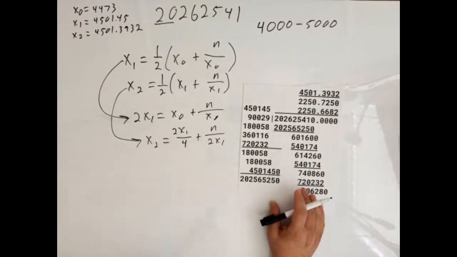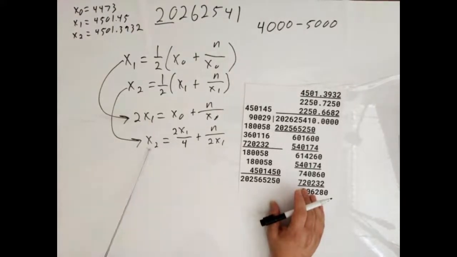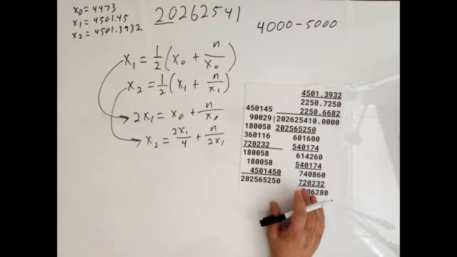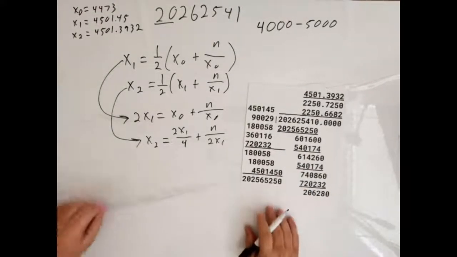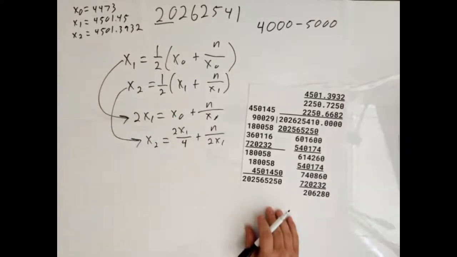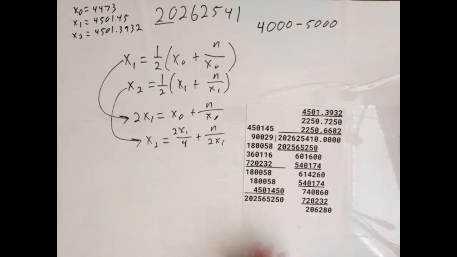We add the two together to get x2, which is that. And that's our final answer. That is the algebra behind how this method works. And that's all I have to explain about how to do square roots of an 8-digit number with an easier method than what's taught in classrooms.